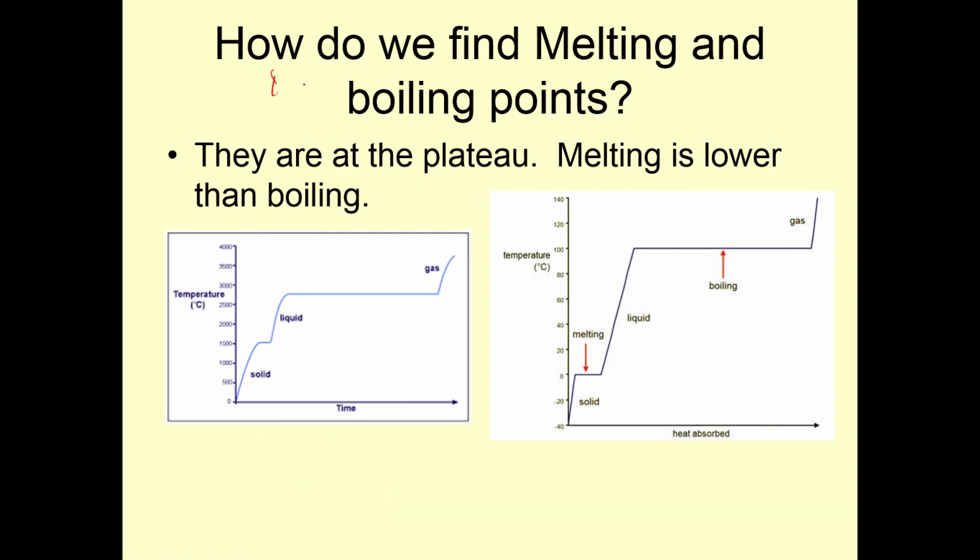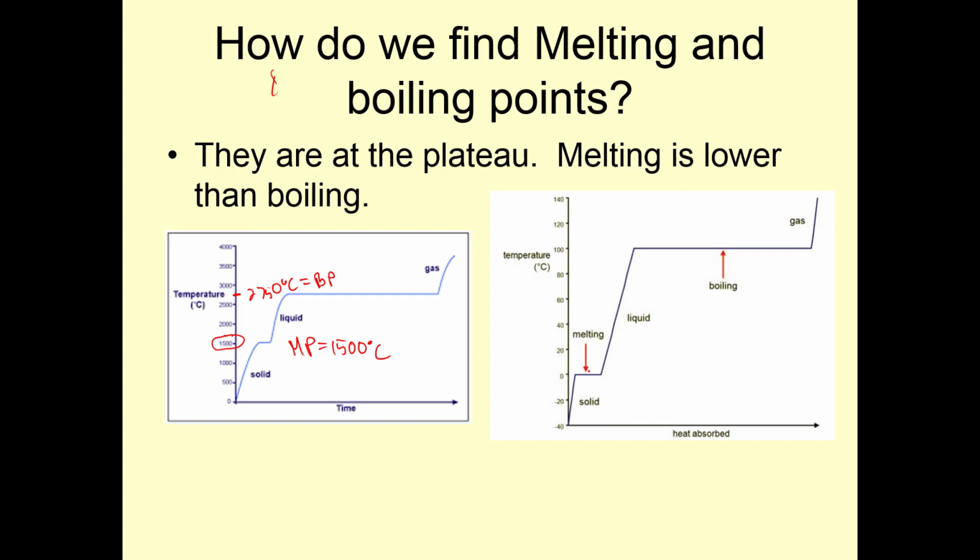How do we find the melting and boiling points? They are at the plateau. Melting is lower than boiling. So here's a plateau. On this one, the melting point is right here, 1500 degrees Celsius. Here, this is 2500, this is 3000, so this is about 2750, which equals the boiling point, because that's where the plateau is.